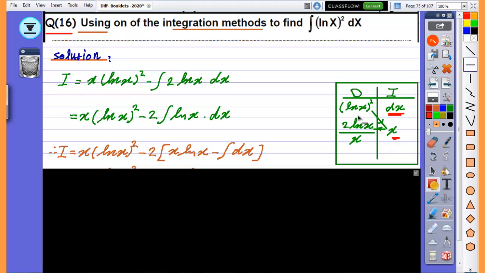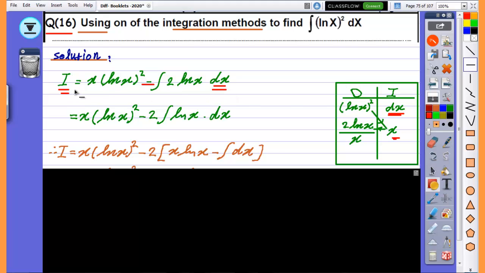Now the result of integration equals (ln x) all square multiply x, minus the product of 2 ln x over x multiply x, which equals 2 ln x dx.